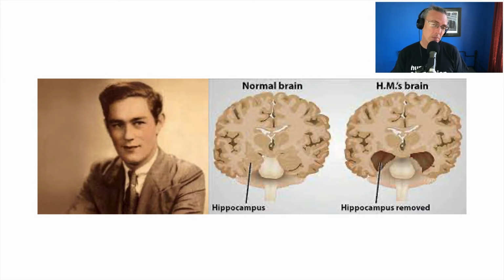The story begins when he was a young child, and he started having epileptic seizures. To understand why they went the direction they did, let me make sure you understand how seizures work. In a seizure, a part of the brain on one side sends a signal to that same part of the brain on the other side.